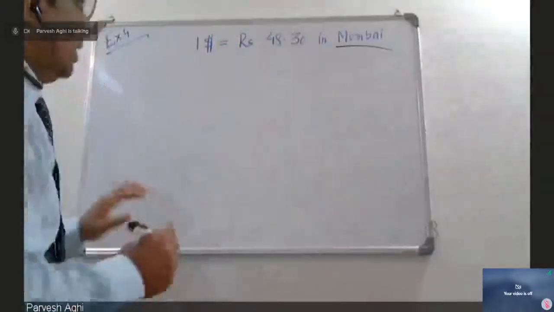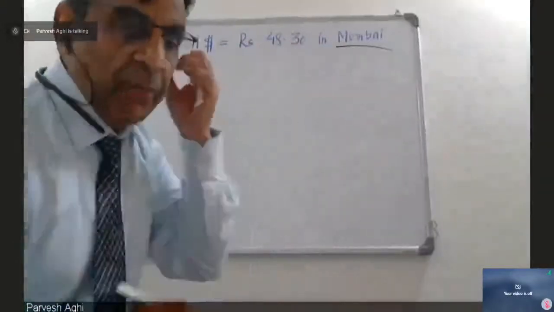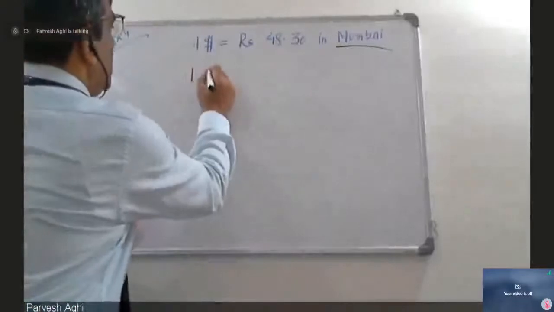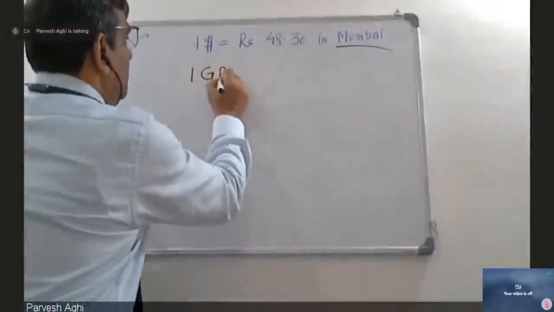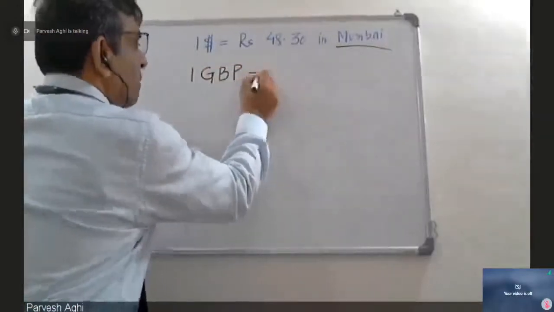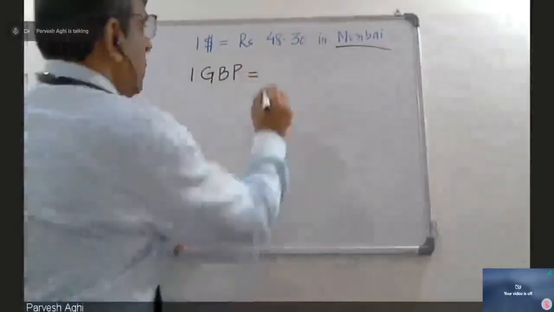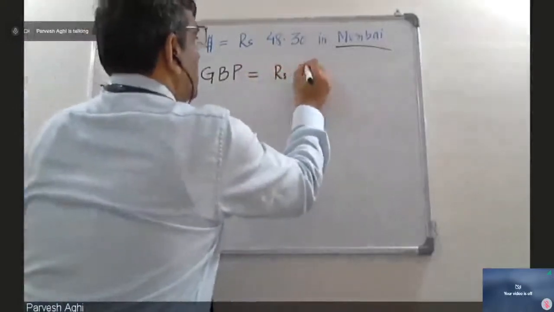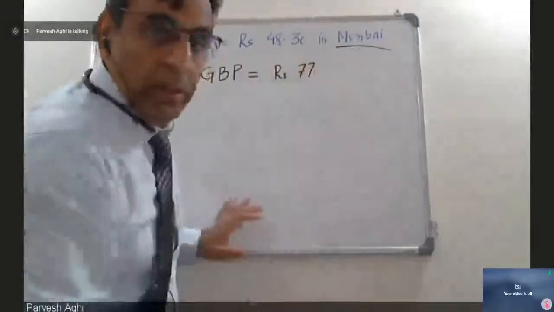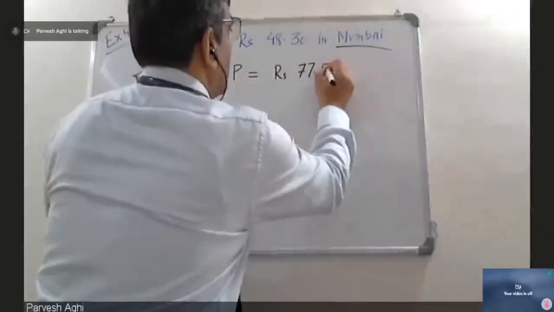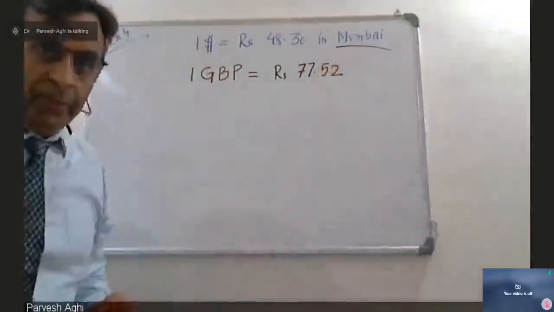So let's understand. Now in your question, what is given is that 1 pound, we'll write pound as GBP, 1 Great Britain pound is equal to rupees 77.52. So that is as per the question.